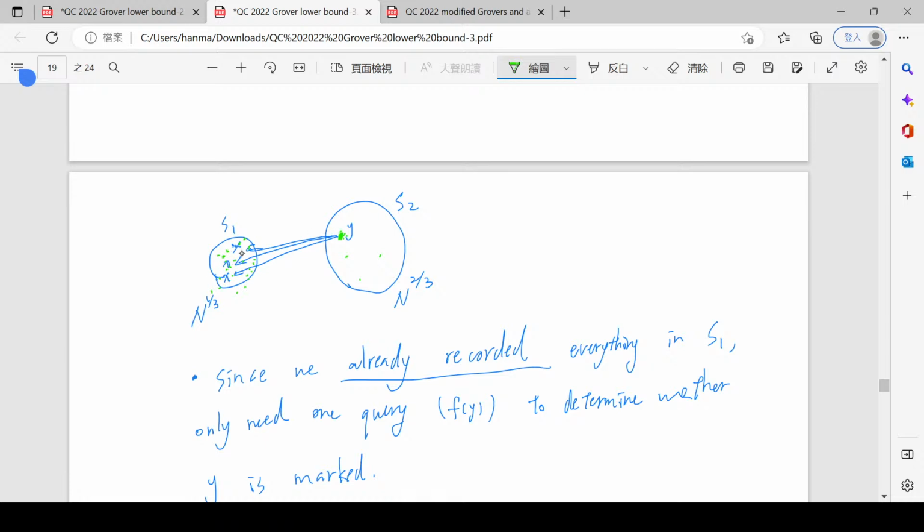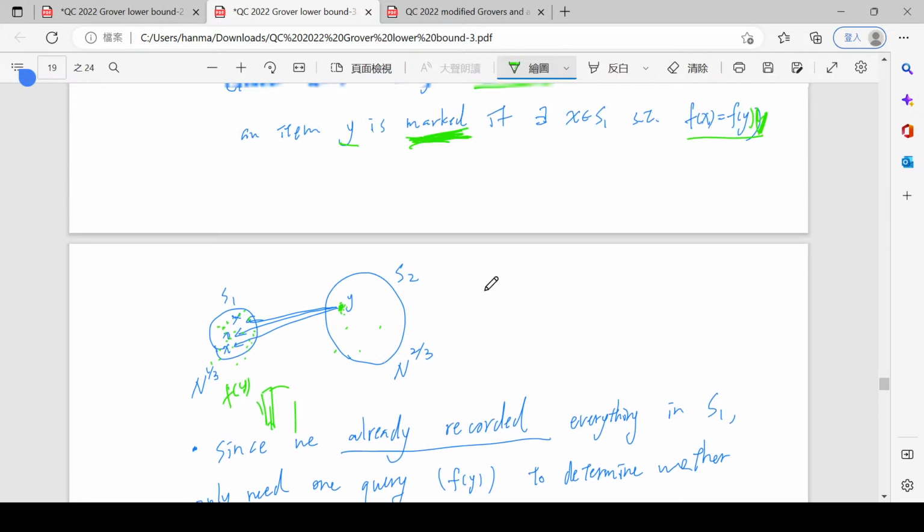So to do this comparison, you don't need many queries. You only need to query f of y, because the rest you already know and wrote down classically. So you can set up a classical algorithm where you input f of y and compare through all of those, and you don't require any extra query to do the comparison.